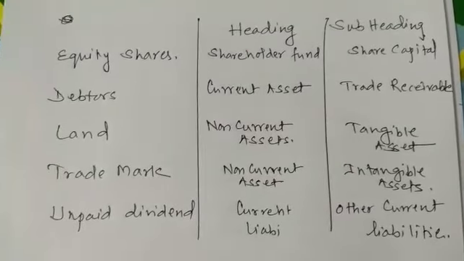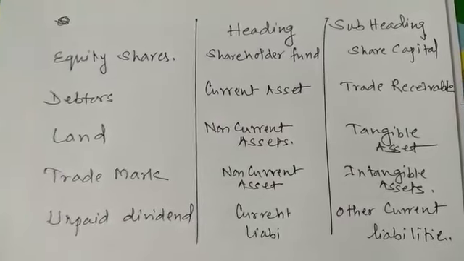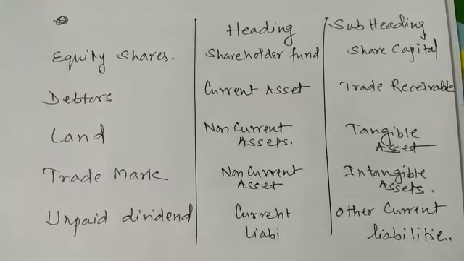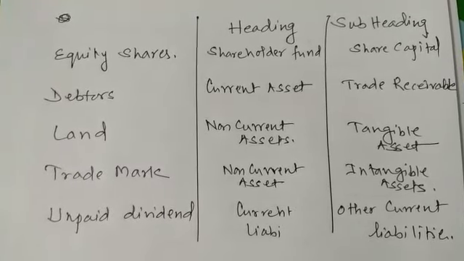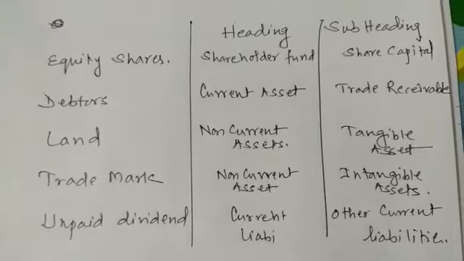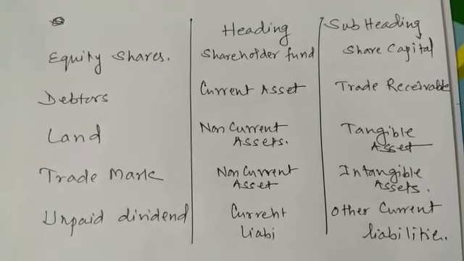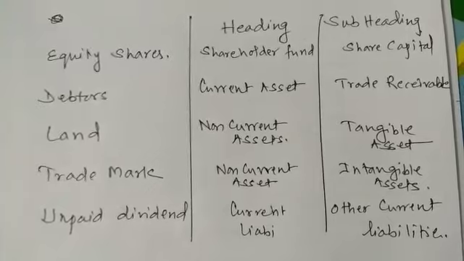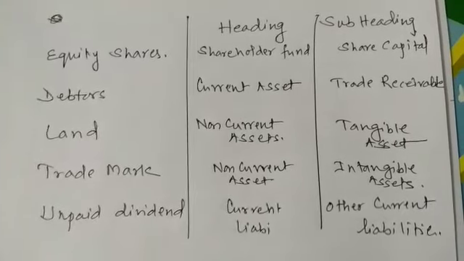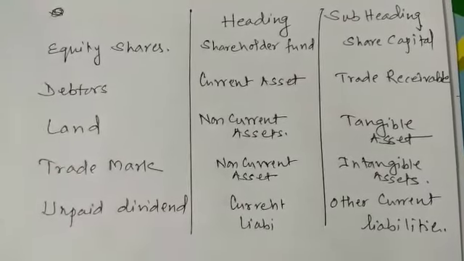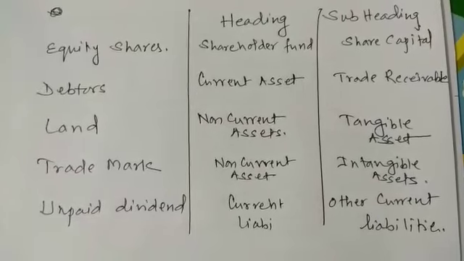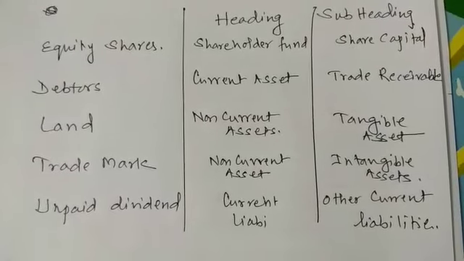Equity shares: the heading will be shareholders' fund and the subheading will be share capital. Debtors: the heading will be current assets and the subheading will be trade receivable. For land, it will be non-current assets, tangible assets. Trademark, non-current assets, intangible assets. Unpaid dividend, current liability and other current liability.